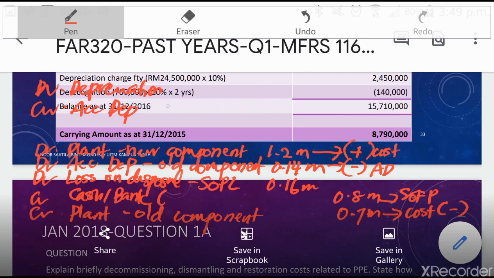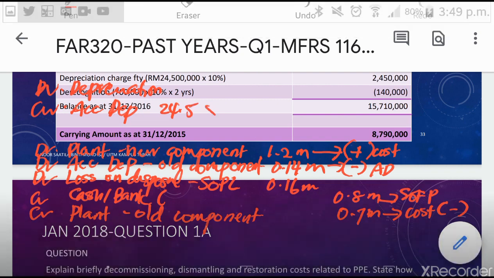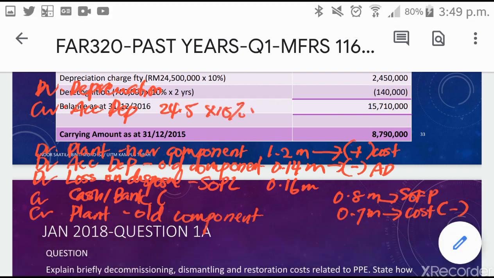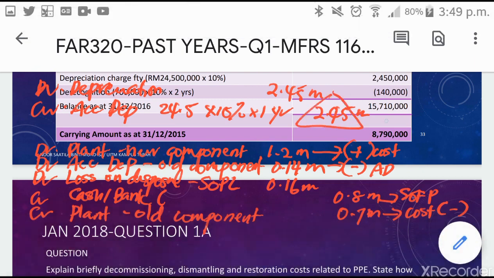Your amount will be 24.5 million times 10% times 1 year, and that gives you 2.45 million. So you debit depreciation 2.45 million. Because of that, that will have to be added to your accumulated depreciation.